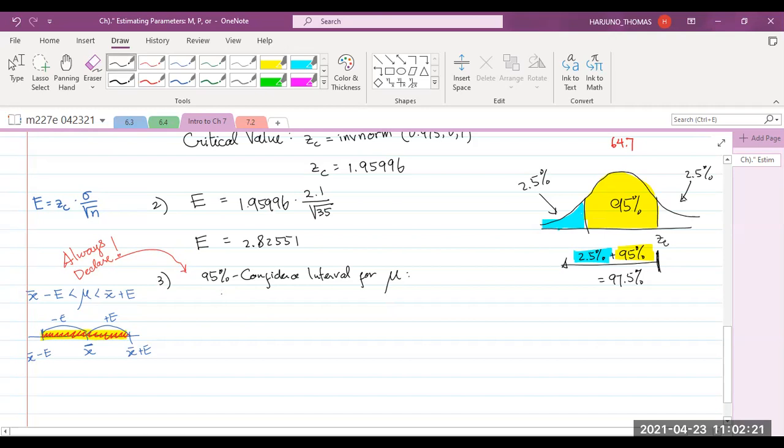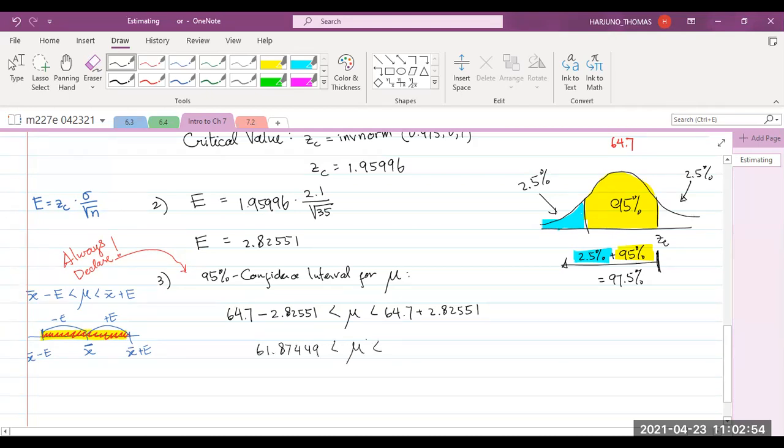So if I use the numbers, now we will get 64.7, that's the best point estimate, minus 2.82551, less than mu, less than 64.7 plus 2.82551. The lower bound will be 61.87449.